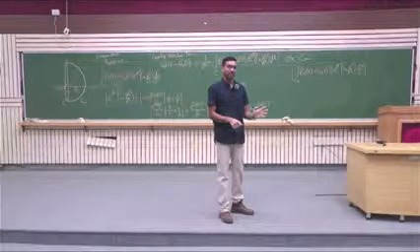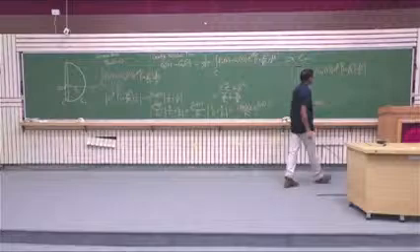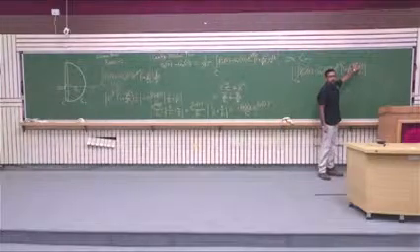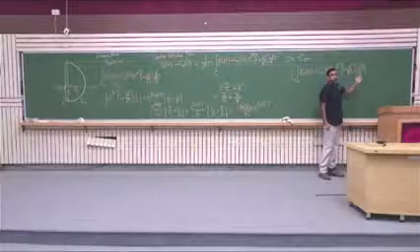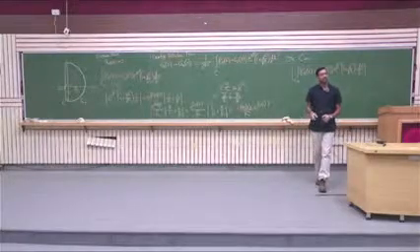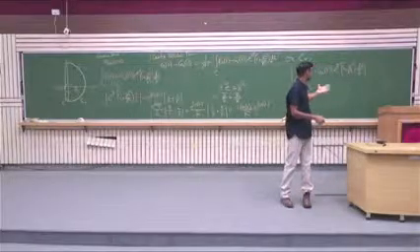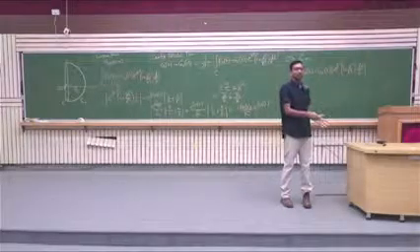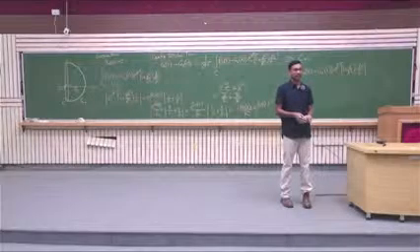So there will be an extra factor from dz, which can at most contribute the length pi r of this contour, because you are taking the absolute value.